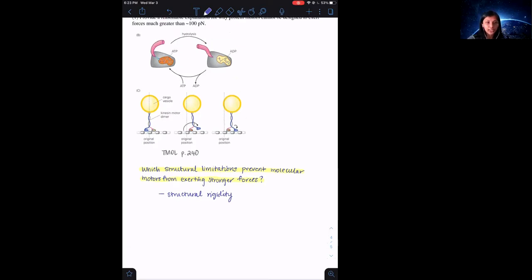Are there any questions about this? Wouldn't weak intermolecular forces mean it's not rigid?